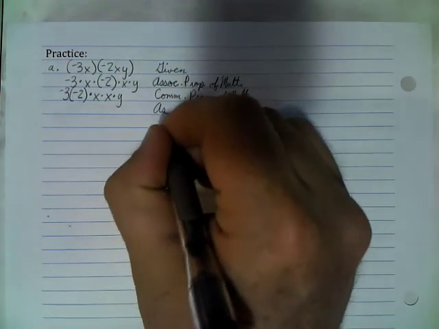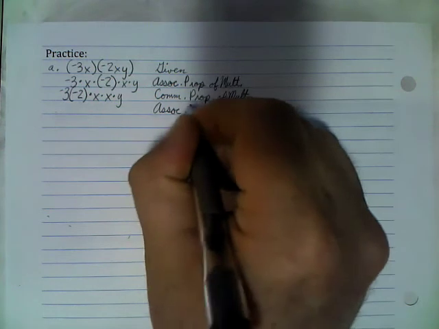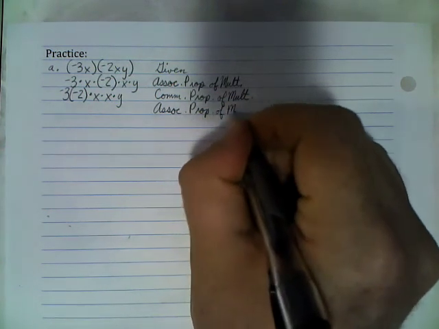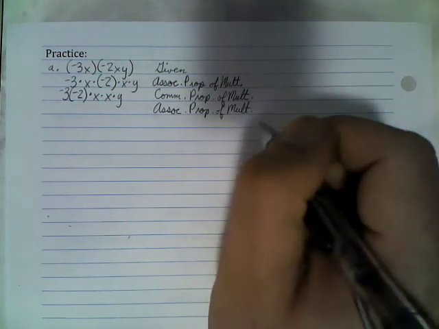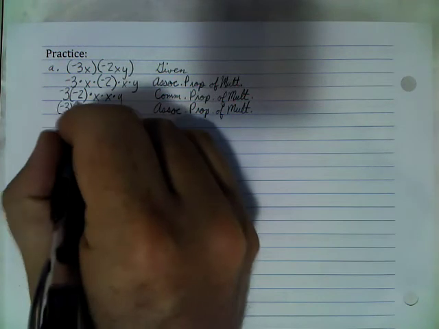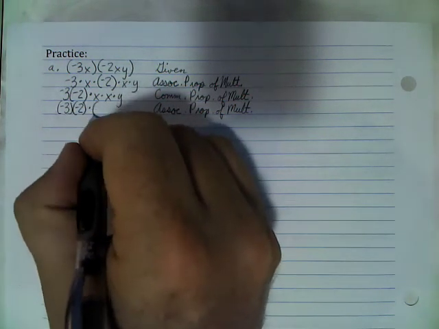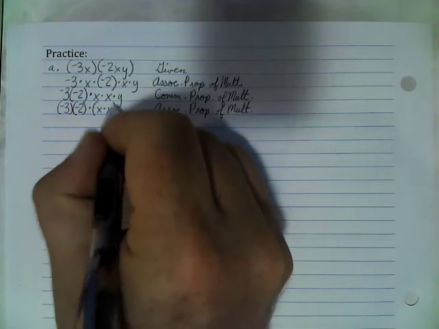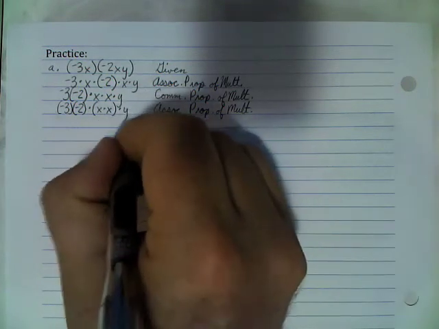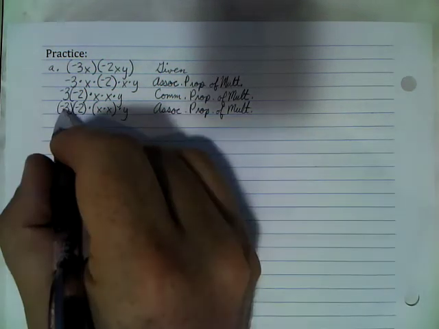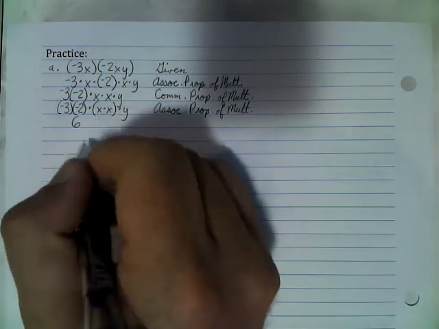Now if I use the associative property again, this time to put parentheses back in, well, I can say I'm going to do my negative 3 and my negative 2, and then I'm going to times that with my x times x, and then we'll just have y. Well, negative 3 times negative 2, and negative times negative is a positive, so that's a positive 6.